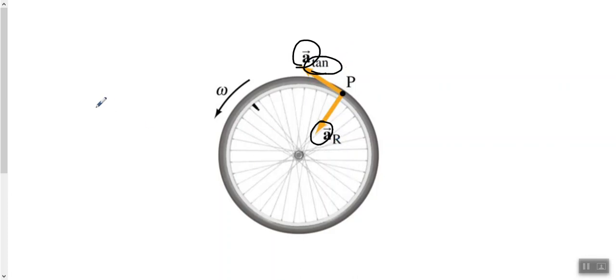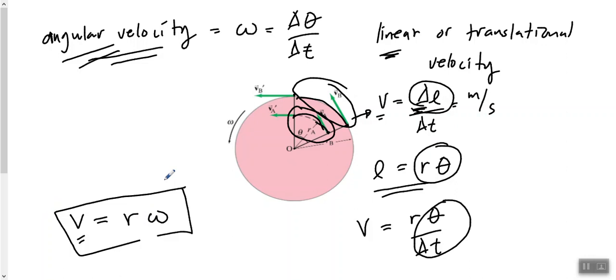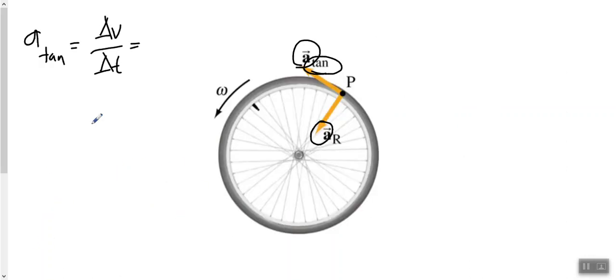If we look at the acceleration tangentially, we know that it is the change in velocity over change in time, and velocity, based on the previous equation, is equal to radius times the angular velocity.